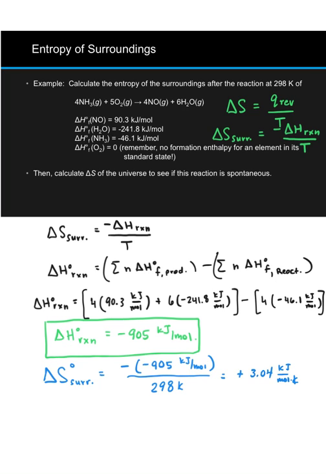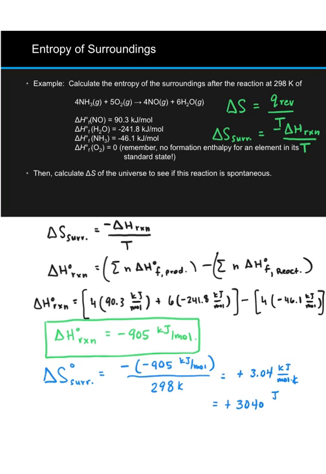Now, if you remember, on a previous example, we calculated this change in standard entropy for our system in joules per mole Kelvin. So let's convert this quickly to joules per mole Kelvin to be consistent with the units that we used before.